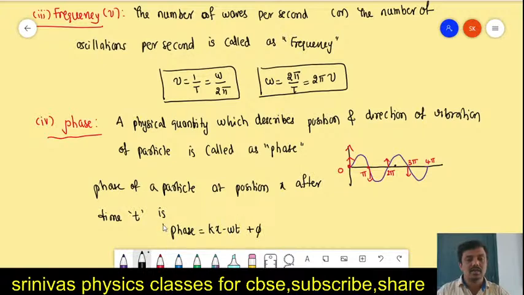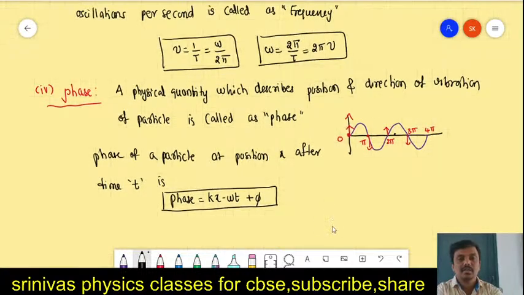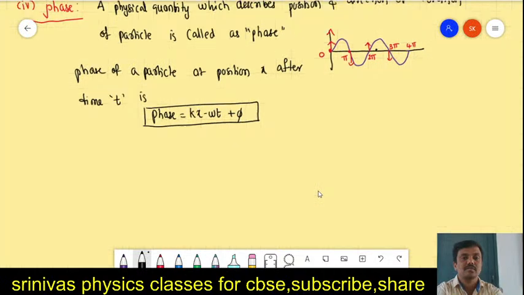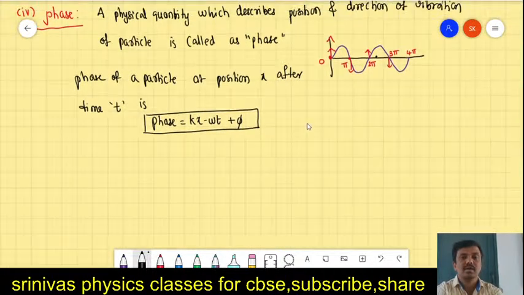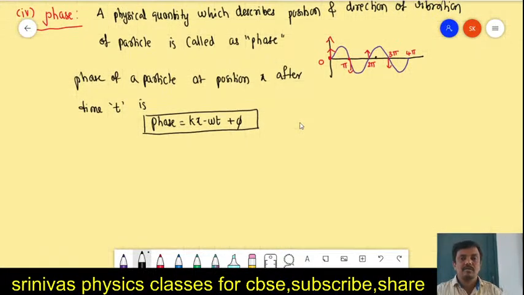Okay, this angle is said to be the phase. You know everything in this, right? The phase is nothing but an angle. Based on the angle we can tell the position of the particle, so the phase of a certain particle we can find out. Phase is an angle, and the phase formula is this one.